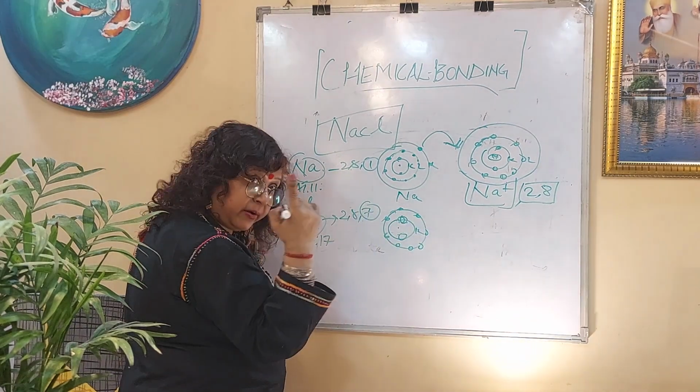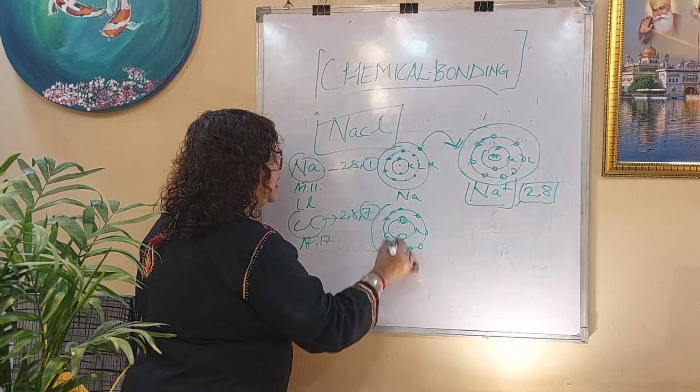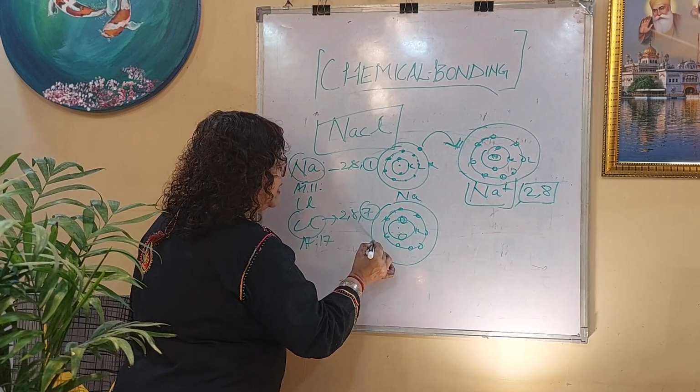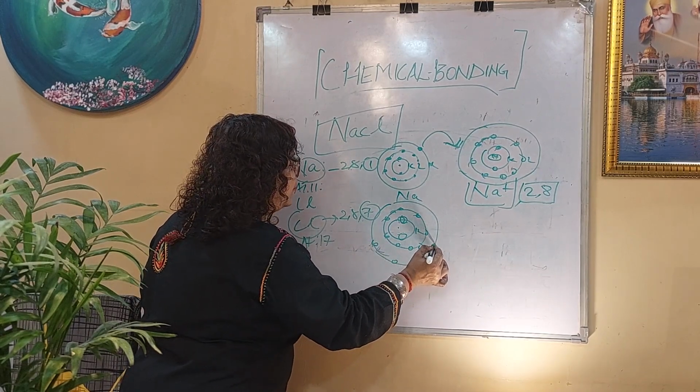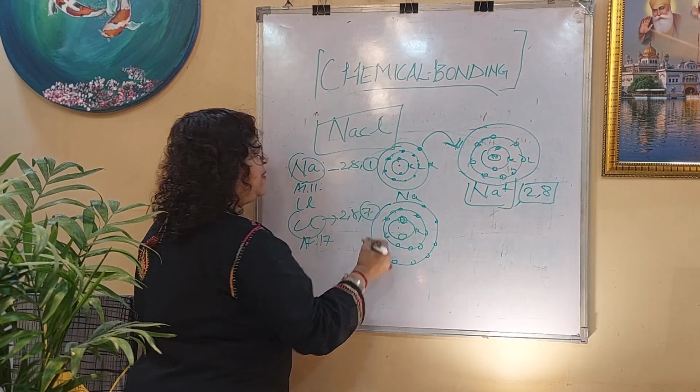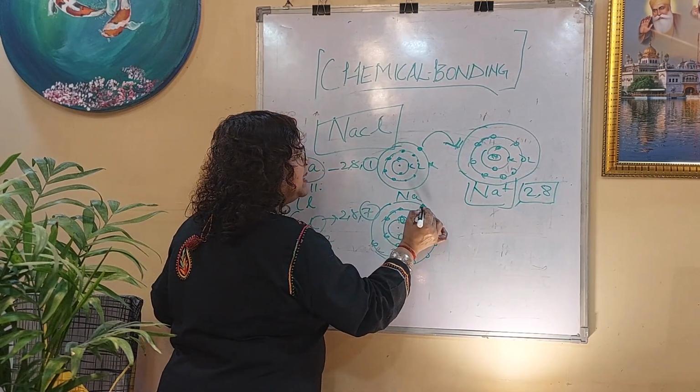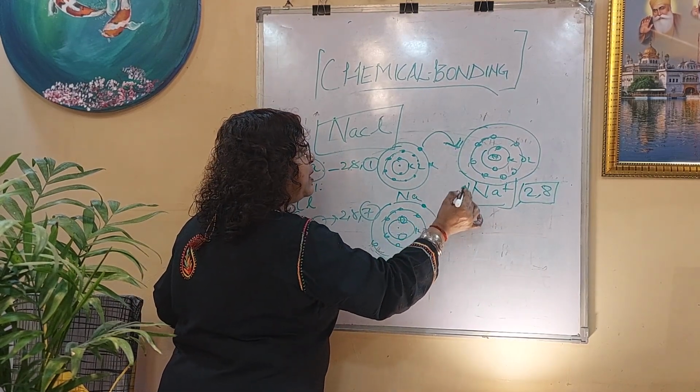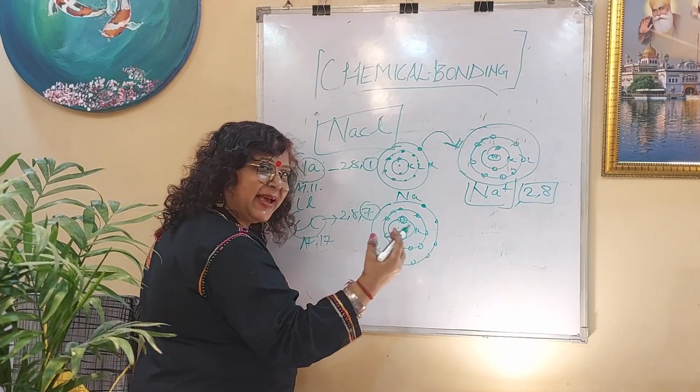You have to count and write. The last shell has 7 electrons, 1, 2, 3, 4, 5, 6, 7. So this 7 means it has to become stable, with a noble gas configuration.